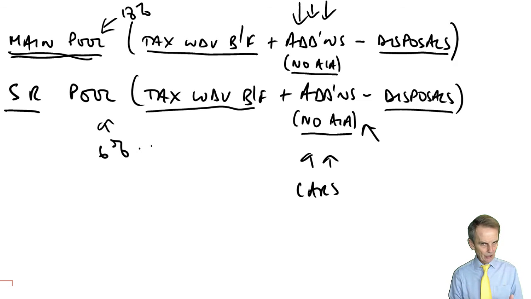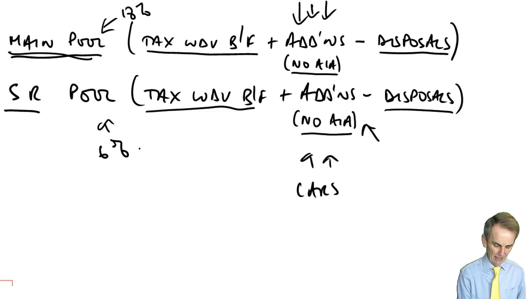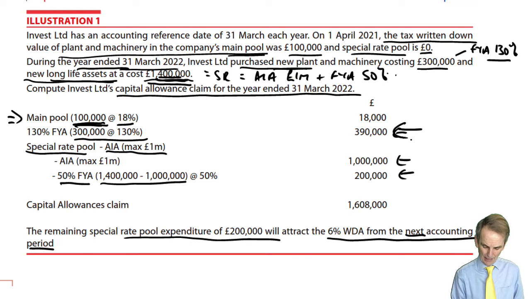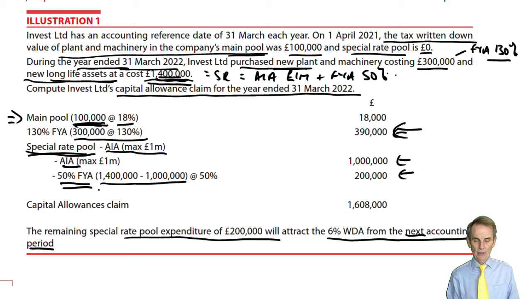So it's ever so easy, as we have just seen, in relation to the 130% FYA. It's ever so easy for the special rate pool expenditure, up to your maximum limit, 100% AIA, there above 50% FYA.